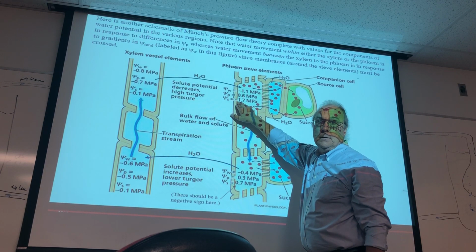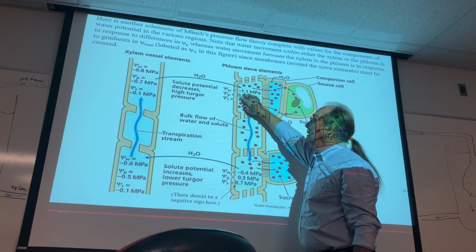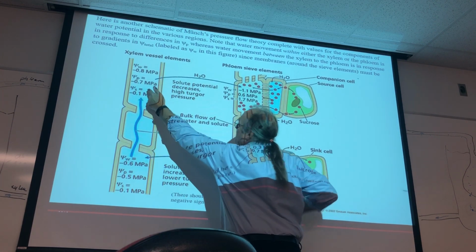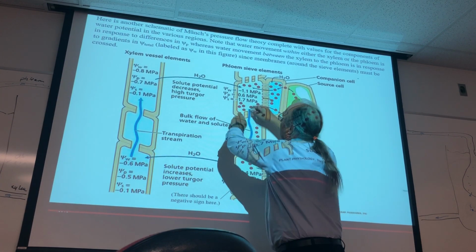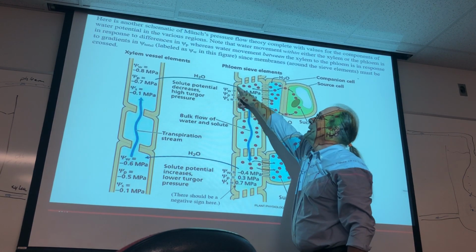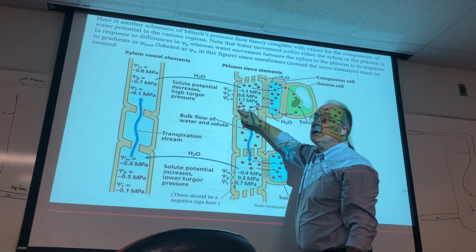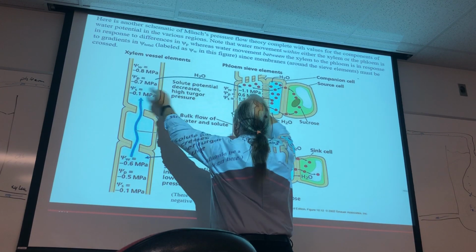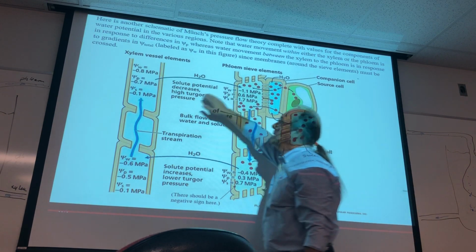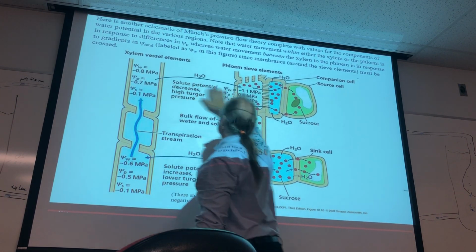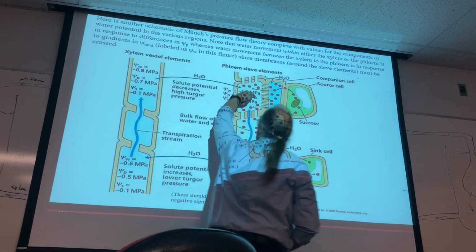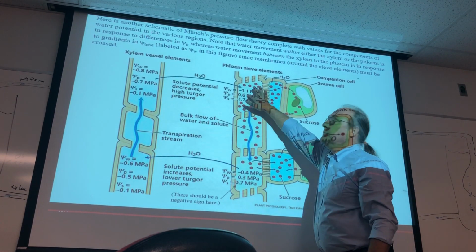Lots of stuff dissolved in the water. Since this movement from here to here involves crossing a membrane right outside the sieve element, water is going to move based on the difference in the total water potential. So here we have minus 0.8 megapascals, here we have minus 1.1 megapascals, so the water moves from the xylem into the phloem in this region.